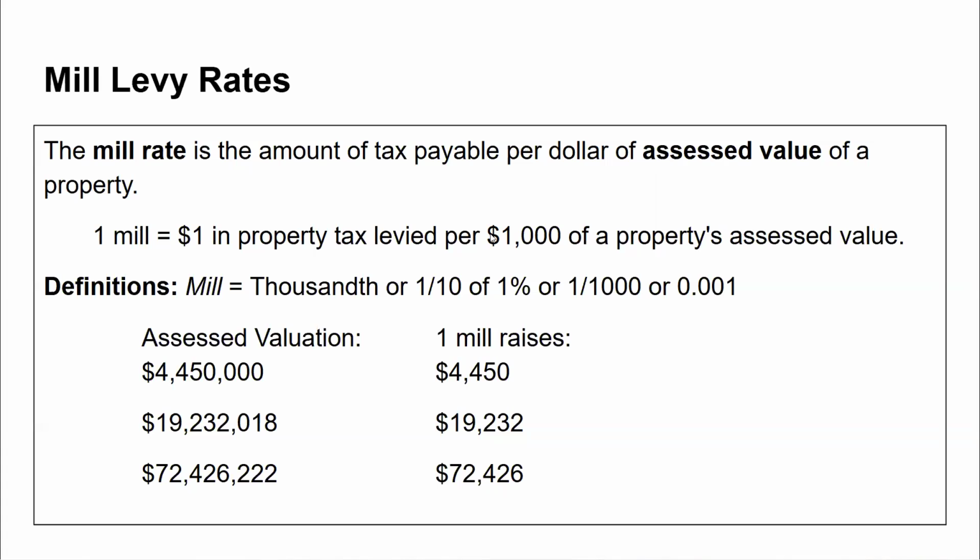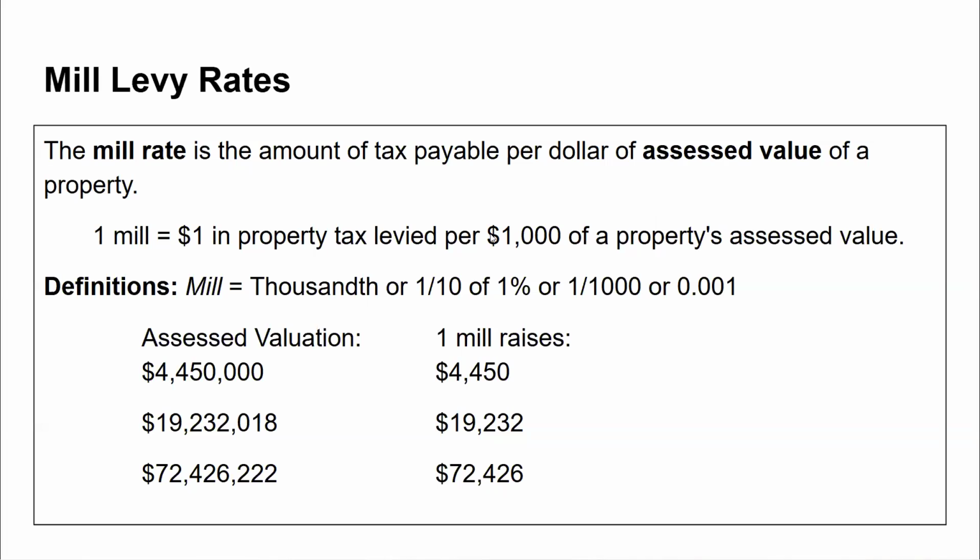The word mill is, again, Latin, and it means thousandth, or 1/10 of 1%, or 1/1000, or if you like decimals, 0.001 of an amount.